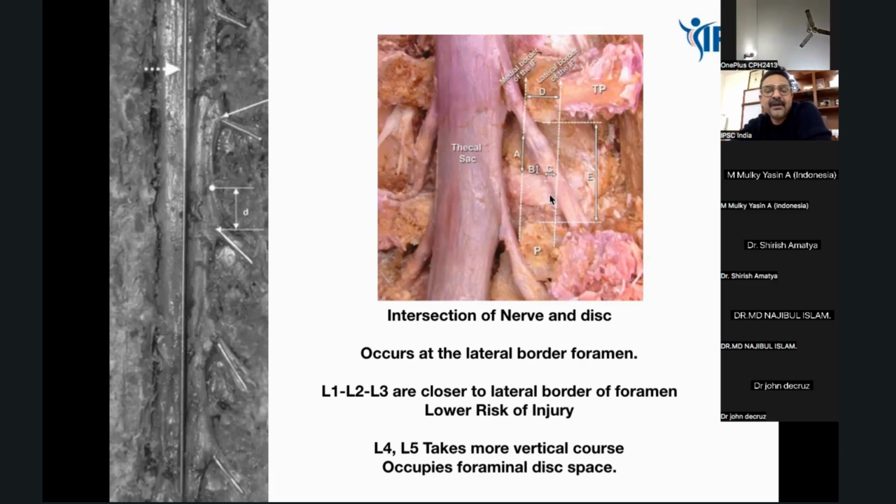If you enter the disc from this point, you may damage the exiting root when you are putting your sleeve inside. So it is not a good idea to enter the disc from here. In the initial days this happens. A lot of times we have seen people tend to avoid going more medially, but we must remember that if we keep it too lateral, that is also dangerous.